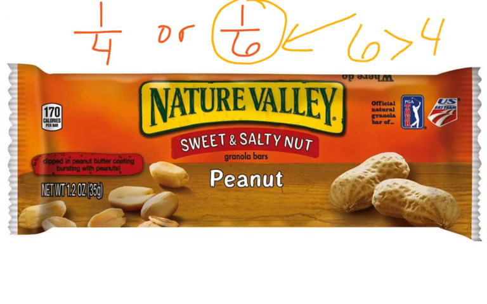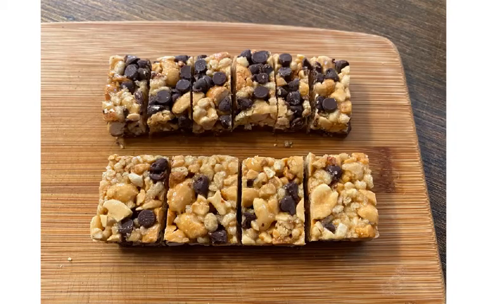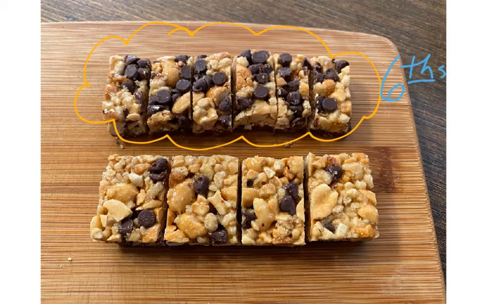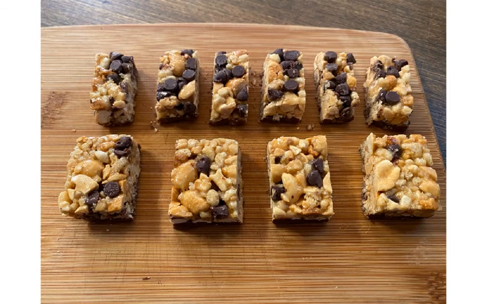But let's look at what happens. These are 2 of those granola bars. One is cut into 6. This one's cut into 6. And this one is cut into 4ths. So if I were to give you 1/6, this is the size you would get.